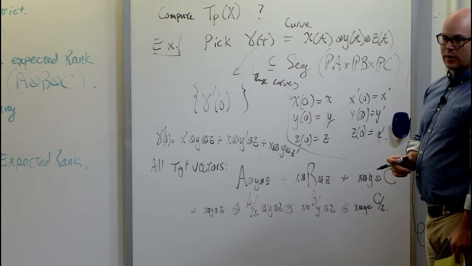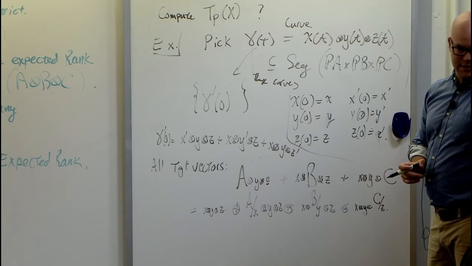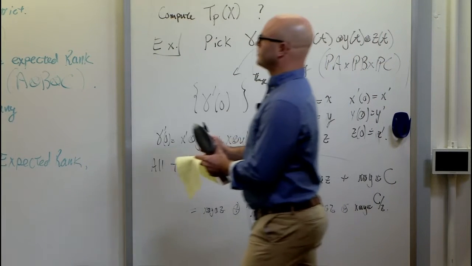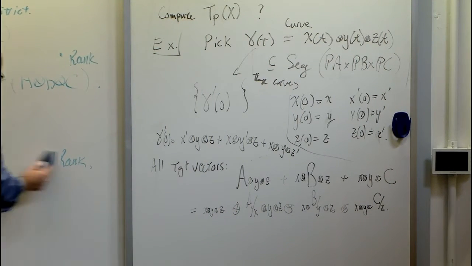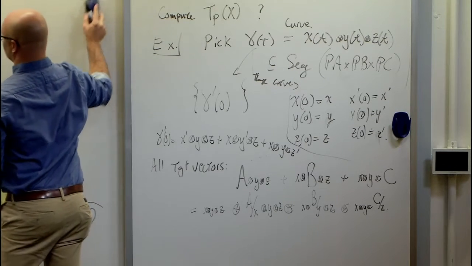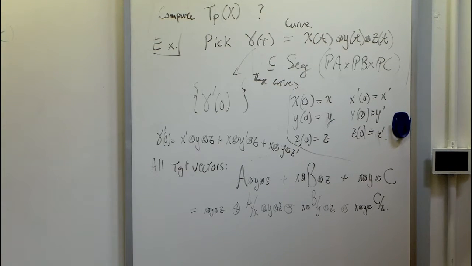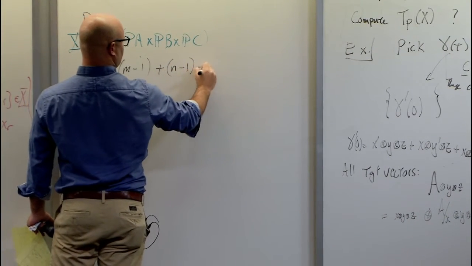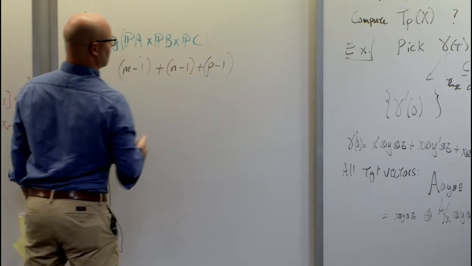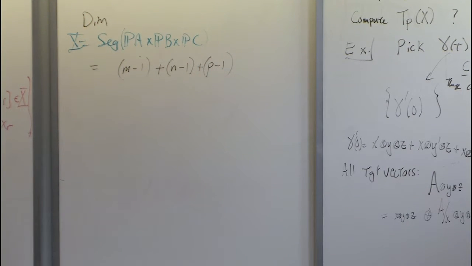Okay, so now I know the dimension of the Segre product. It's the sum of these dimensions. So that's the dimension of the Segre product.